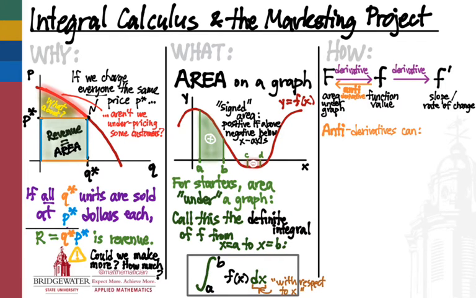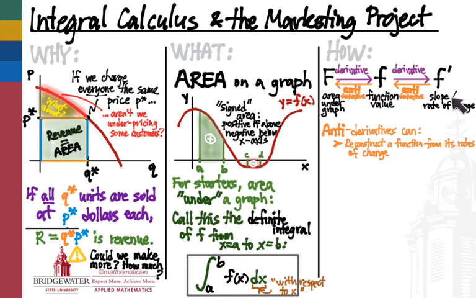And according to what's on the screen here, we know 2 things. First of all, if you believe me that an antiderivative can do this, if you believe the fundamental theorem of calculus that we're about to talk about, an antiderivative is going to tell us the area under a graph. But even if you don't believe that yet, just based on this little schematic, an antiderivative is supposed to be able to do exactly the opposite of what a derivative does. So one thing that an antiderivative can do is it can reconstruct for me the value of a function from a knowledge of its rates of change.